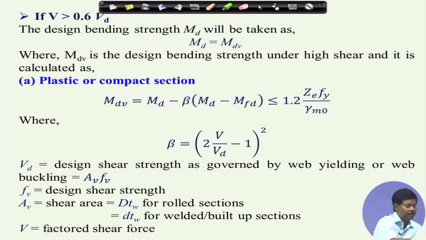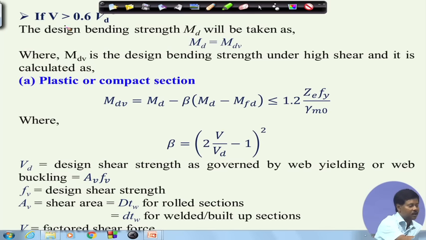However, if the shear force is more than 0.6 times the design shear strength of the beam section, then we can use this formula, that is Md will be equal to Mdv, where Mdv can be calculated from this.